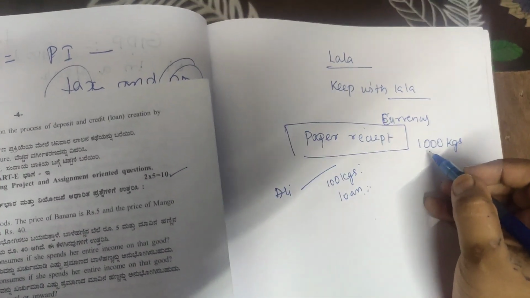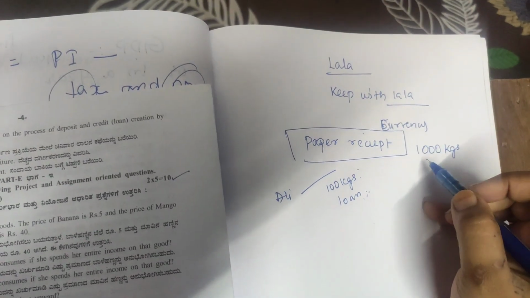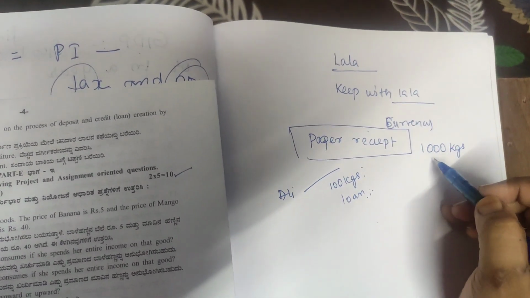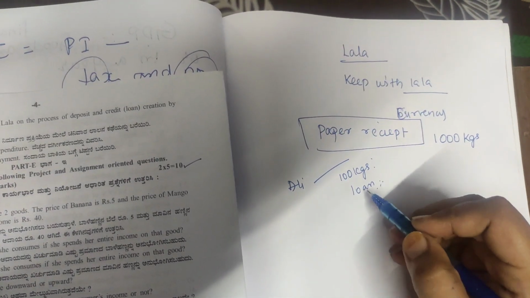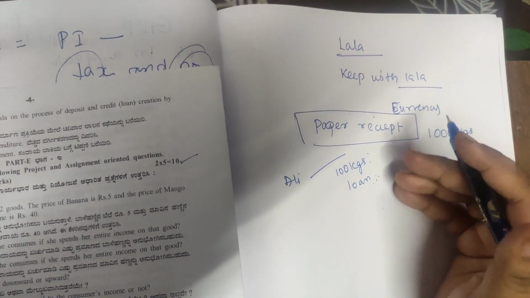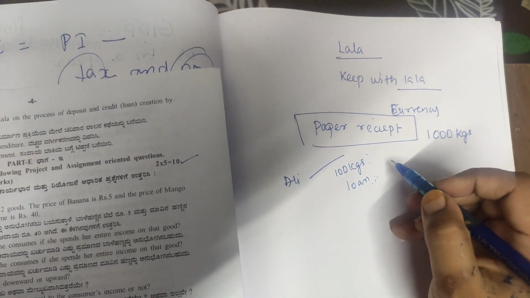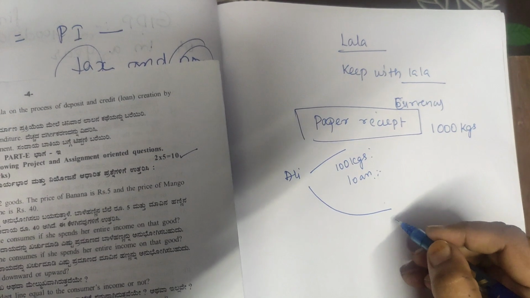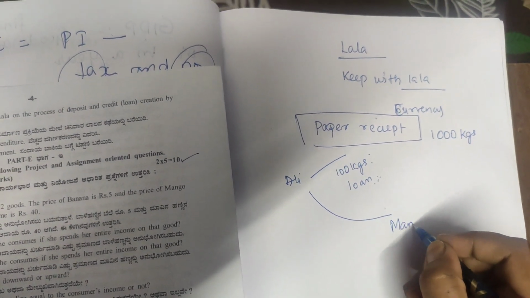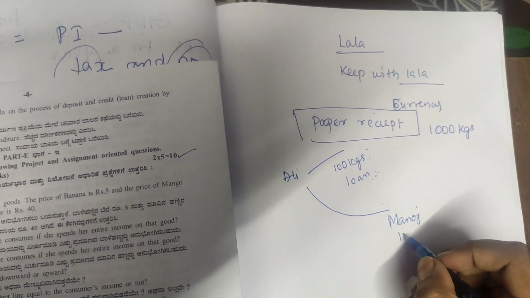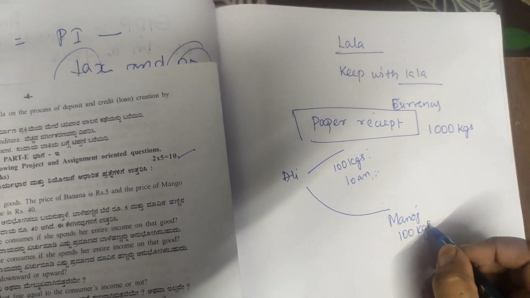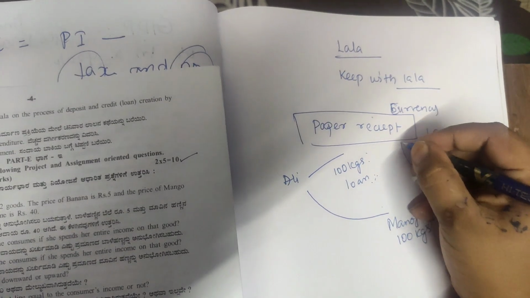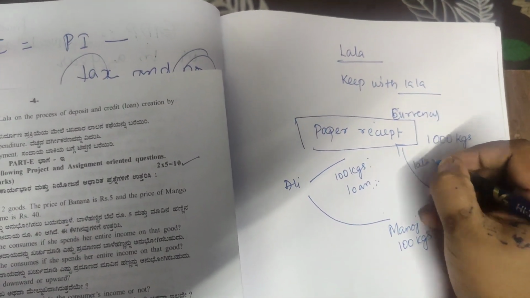So Lala thinks that all the people will not come at once and ask for their gold. So he gives the 100 kg loan to Ali, and he charges some interest to Ali, and Ali goes and gives it to Manoj, repaying his debt. Now Manoj goes and again deposits the 100 kg with Lala.